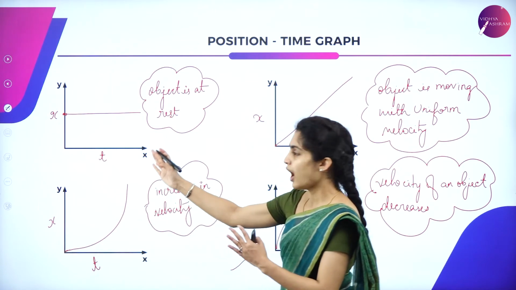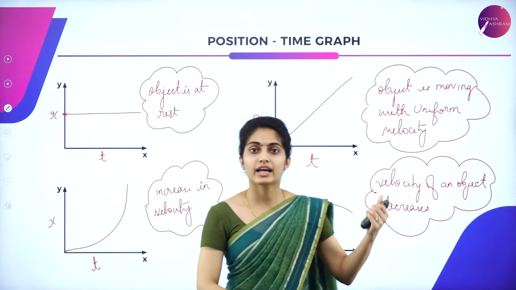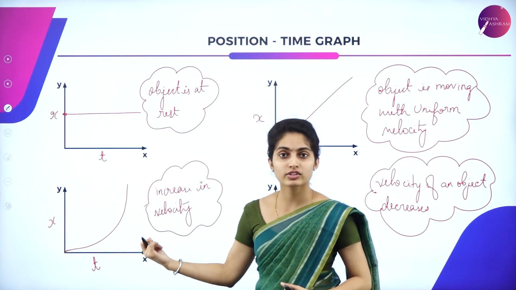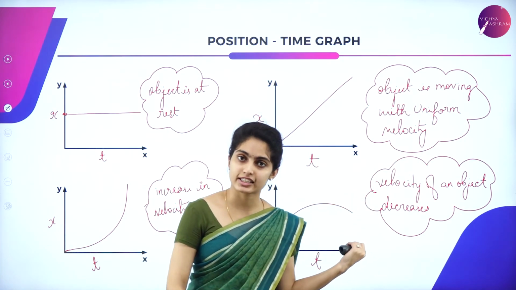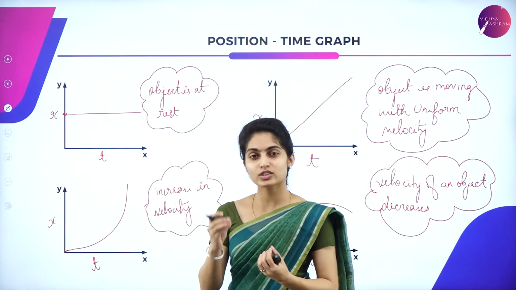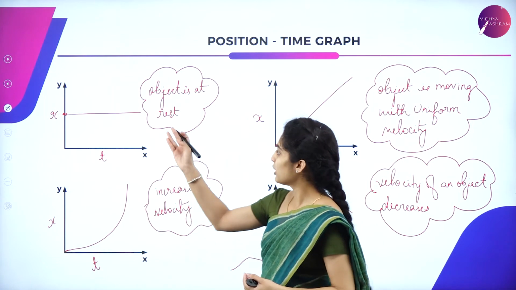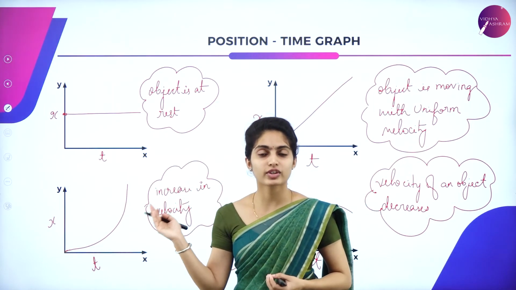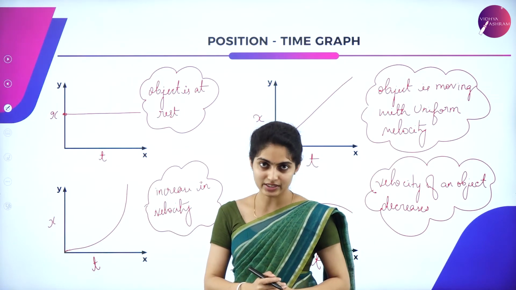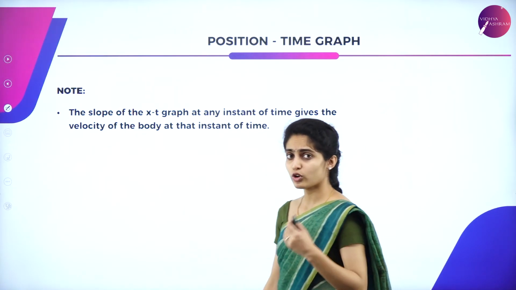So you have got to know how to represent the position time graph when the object is at rest, when the object is at uniform velocity, and when the object is having increasing and decreasing velocity. This is how you get the graphical representation, and it is very easy. By looking at the graphical representation, you can just tell where exactly your object lies. Right? So let us go to the next slide.